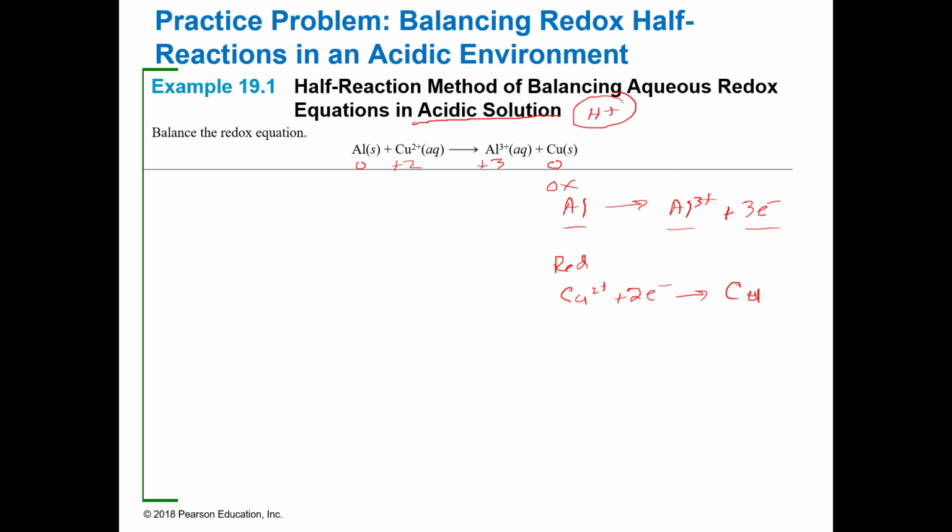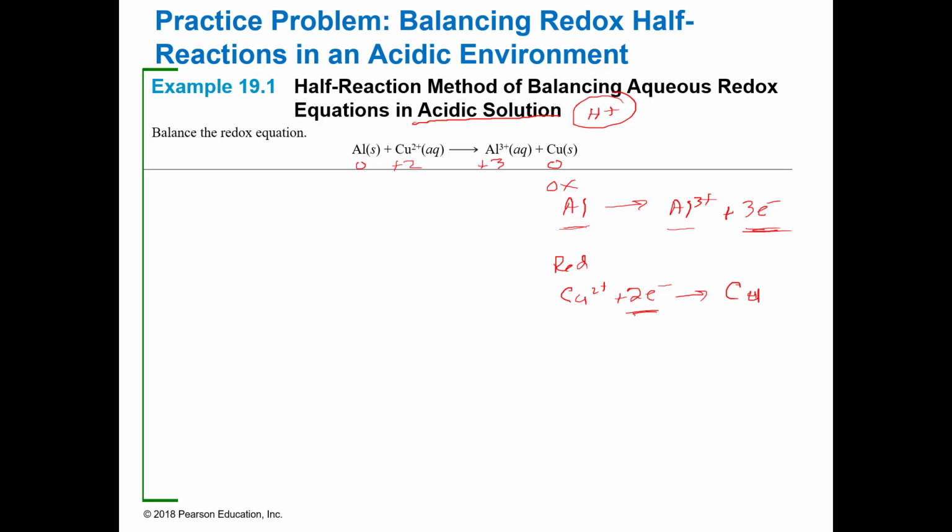And you know it's a reduction half reaction because the electrons are on the reactant side. You know this is oxidation because the electrons are on the product side. This aluminum lost 3 electrons. This copper 2 positive gained 2 electrons. So my half reactions are balanced as far as charge and number of atoms.